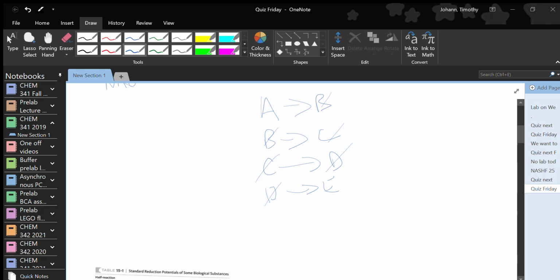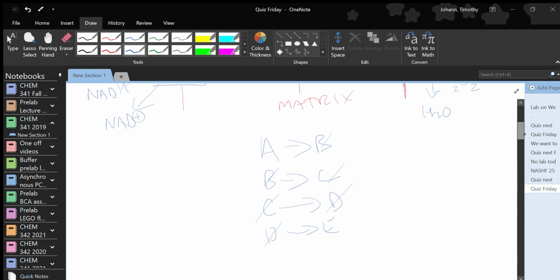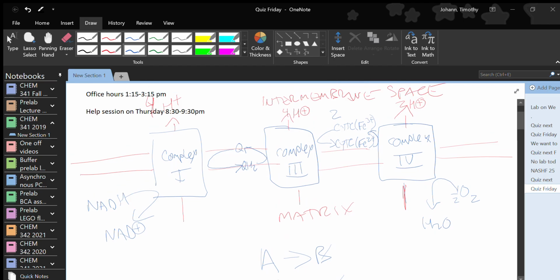We can add all these reactions together. We have a reaction where ubiquinone becomes ubiquinol, but that ubiquinol then gets converted back to ubiquinone. So we just get the same thing back. Good potential both ways. That makes sense?